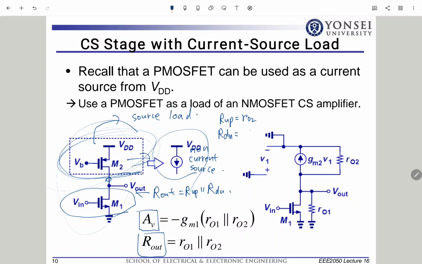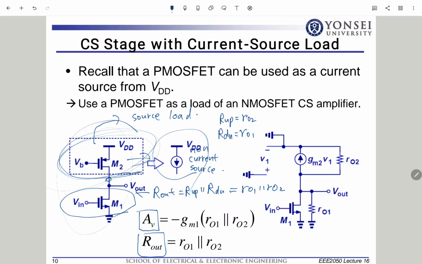The impedance seen from the drain side of the M1 transistor. RO1. Is that right? So here, R out is RO1 in parallel with RO2.